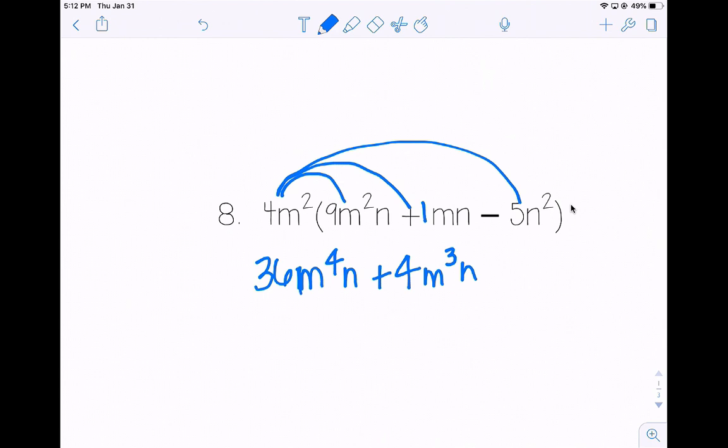So 4 times negative 5 is negative 20 m squared, because I'm adding these two m squares here, and then n squared because that already had it. And we want to put m first because it comes first in the alphabet. This one's already in order. M to the 4th, then m cubed, then m squared.